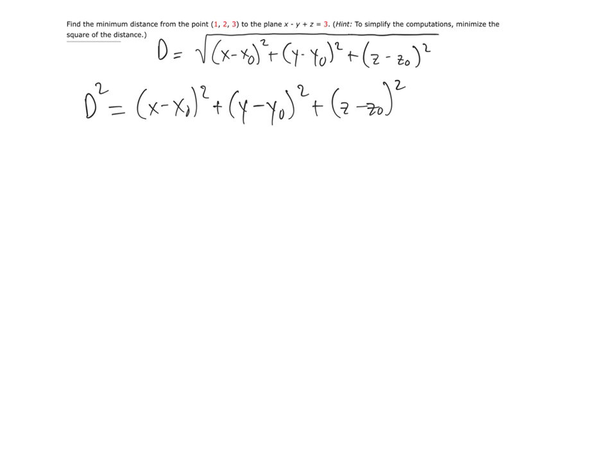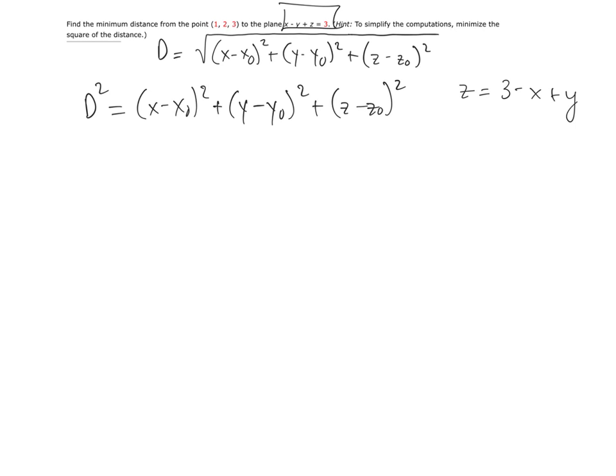Alright, so you can plug in the numbers, but before you do, you have x, y, and z, but your z will be 3 - x + y, because I'm solving for z from the original plane equation they're given.